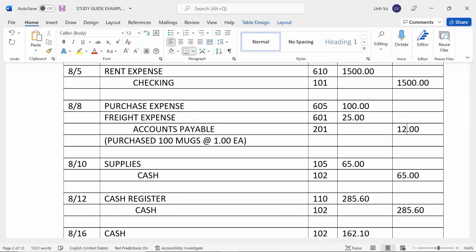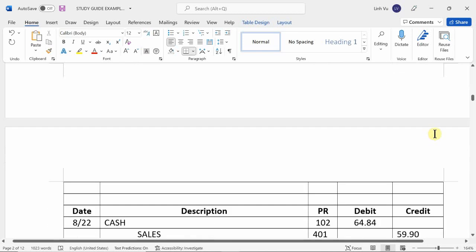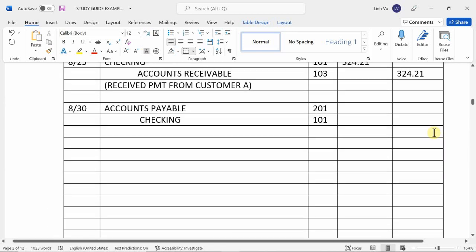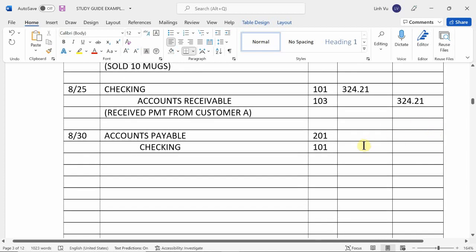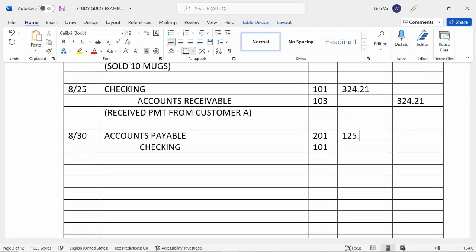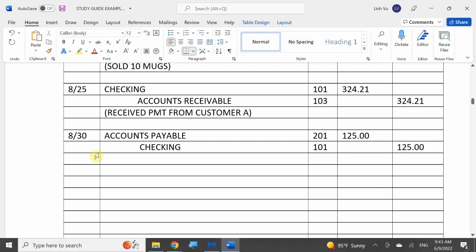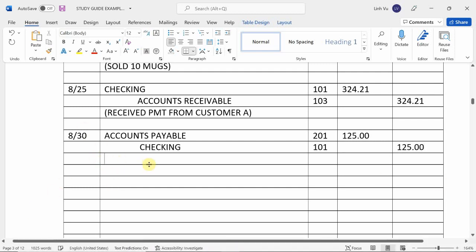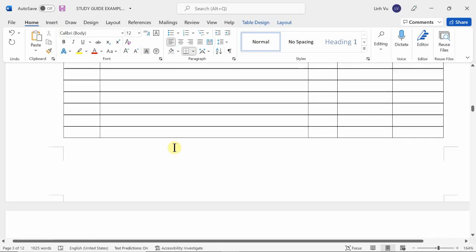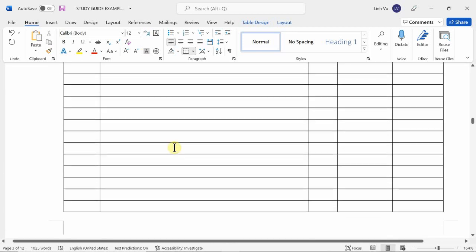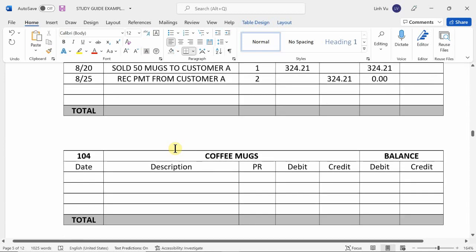Oops, typo there, $125. I owe $125, so that means I'm going to cut a check for $125. It's up to you if you want to say that you paid it, but in this case, that's straightforward. So that means I need to decrease my accounts payable.